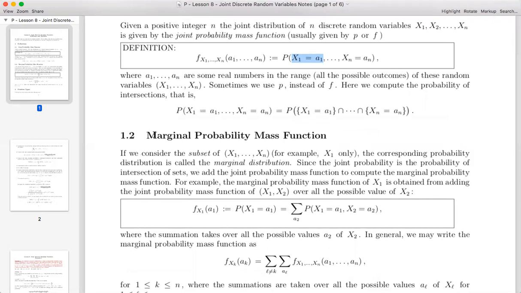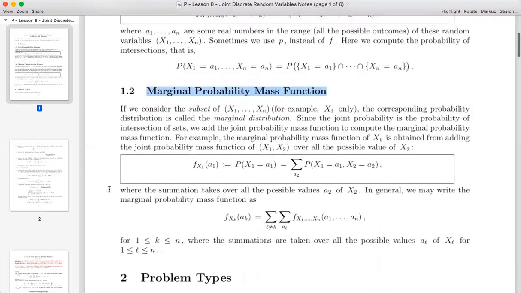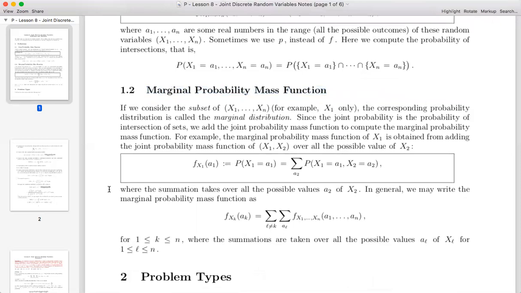One of those other things we could do is the marginal probability mass function. If we consider a subset of x1 to xn, for example x1 only, the corresponding probability distribution is sometimes called the marginal distribution. Since the joint probability is the probability of the intersection of sets, we add the joint probability mass function to compute the marginal probability mass function.